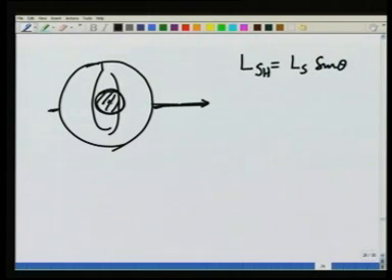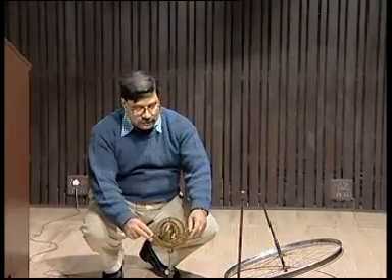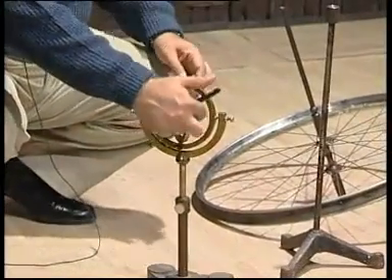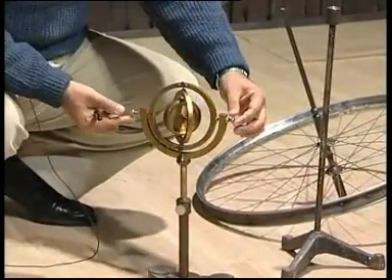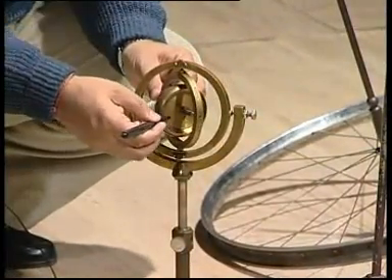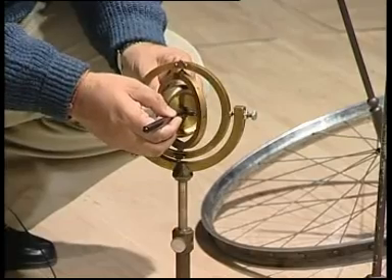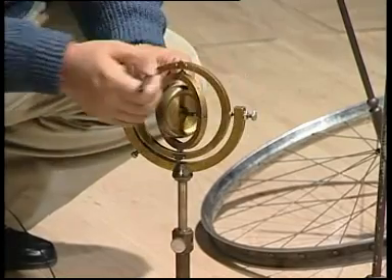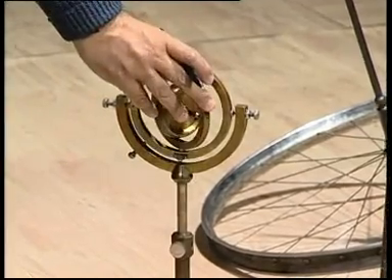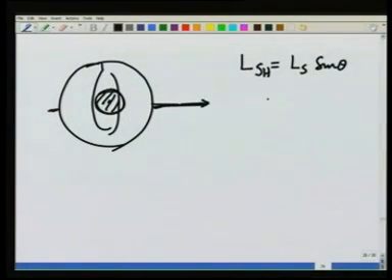I am assuming it is making an angle with this. So, here is the axis, and this fellow is making an angle like this with this axis. So, the component in this direction is going to be Ls sine theta, and along the axis is going to be Ls cosine theta. Ls sine theta, if this theta is very, very small, is going to be roughly equal to Ls theta.